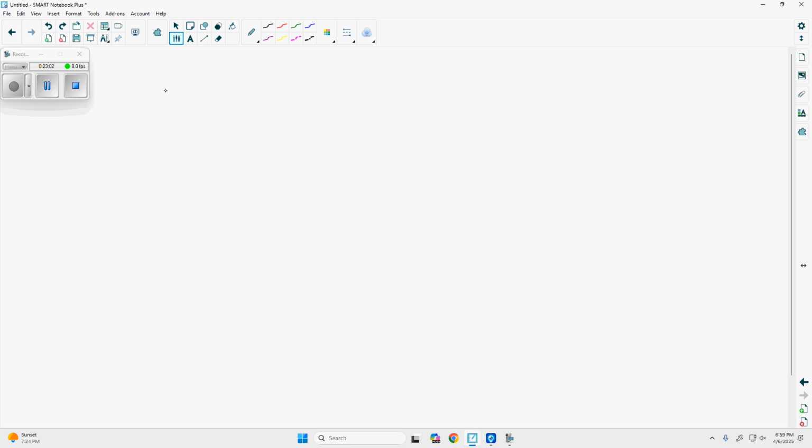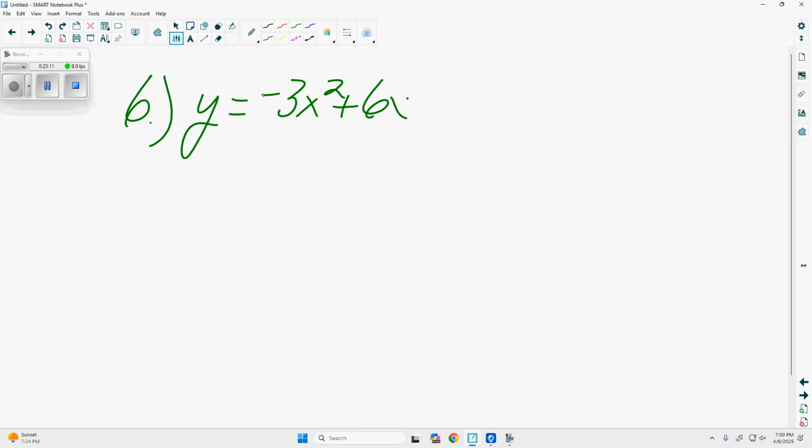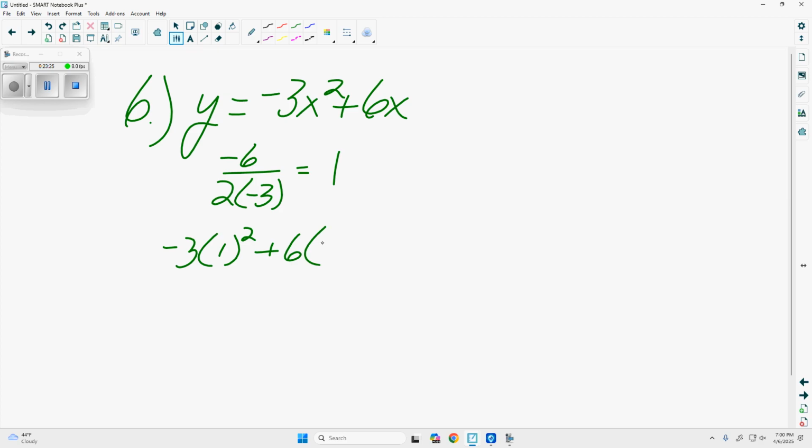Number 6, another special case, kind of. Okay, let's do it. Negative b all over 2a equals 1. If I plug in 1, it'll be negative 3 times 1 squared plus 6 times 1. So it's negative 3 plus 6, which is 3.